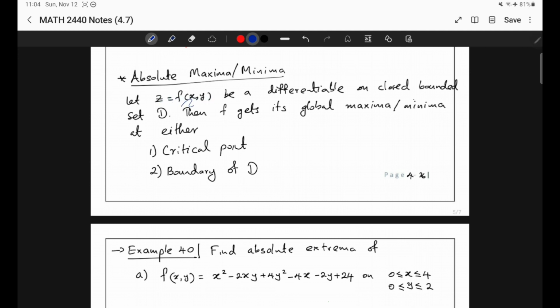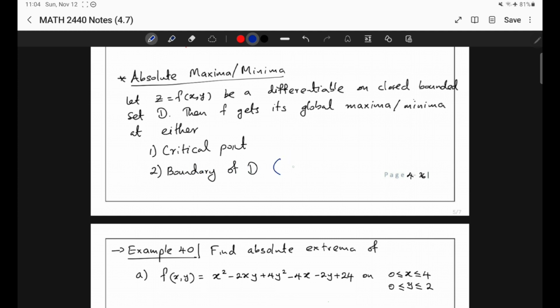Let the function f(x,y) be a differentiable function on a closed bounded set. Then it has a global maximum and a global minimum. It will be at a place where there is either a critical point or a boundary point.